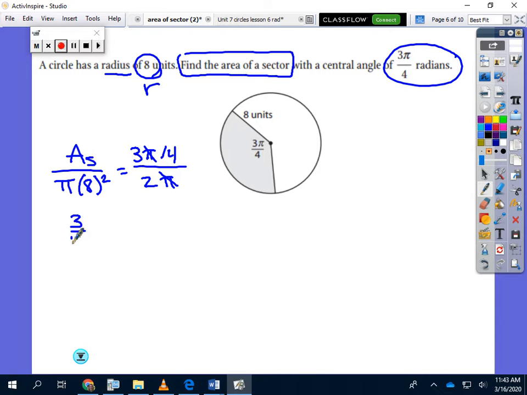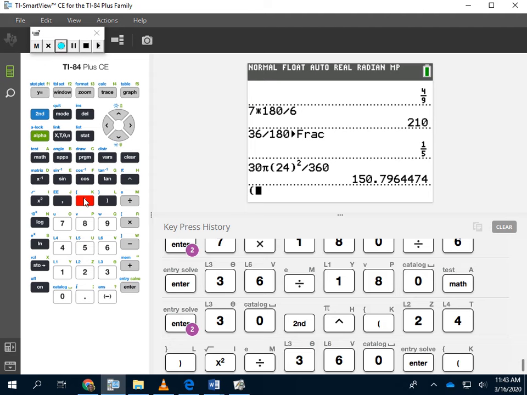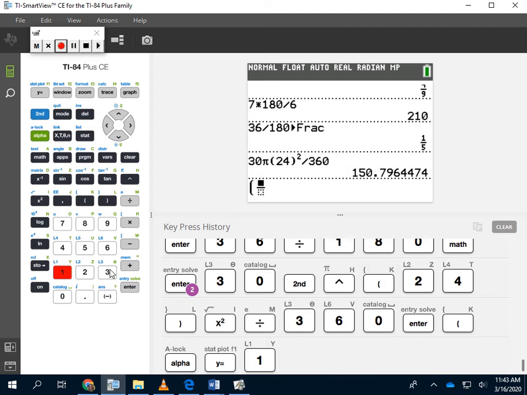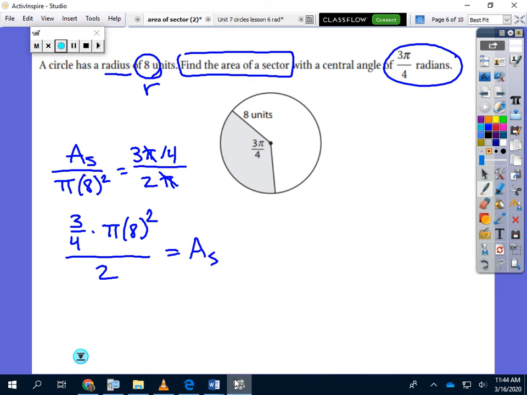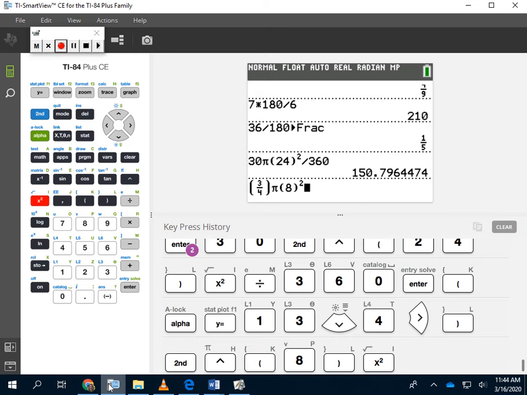So I'm just going to do 3/4 times pi r squared divided by 2. And that's going to give me the area of my sector. Well, let's put this in the calculator. 3/4 times pi r squared, and let's go back to make sure we're doing it right, 3/4 times pi r squared, and that's going to be divided by 2.